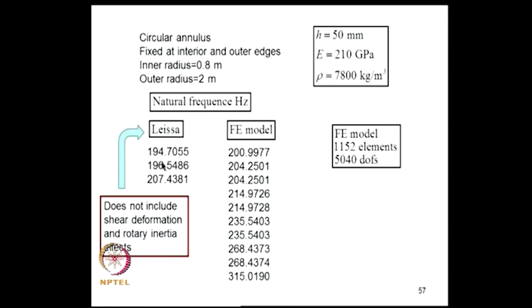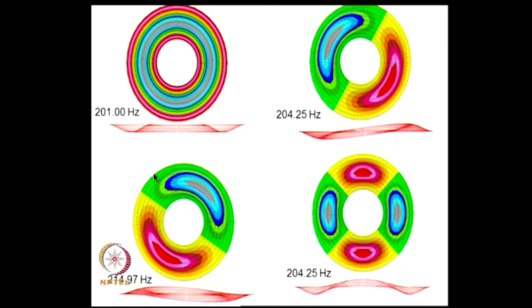According to Leissa's monograph, the first three frequencies are shown here, and according to the model that has been developed, we get 200, 204 and 214 respectively as approximation to these three numbers. These are the mode shapes: the first mode, second mode, third mode and the fourth mode.